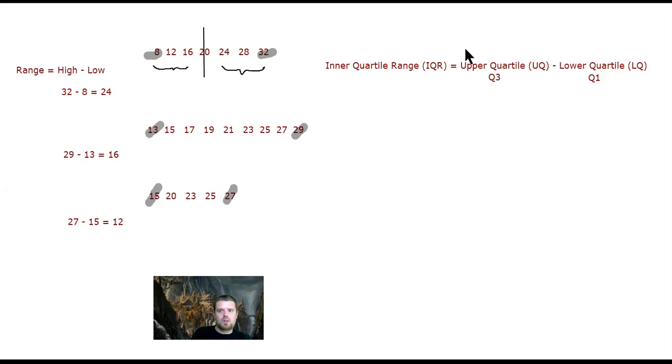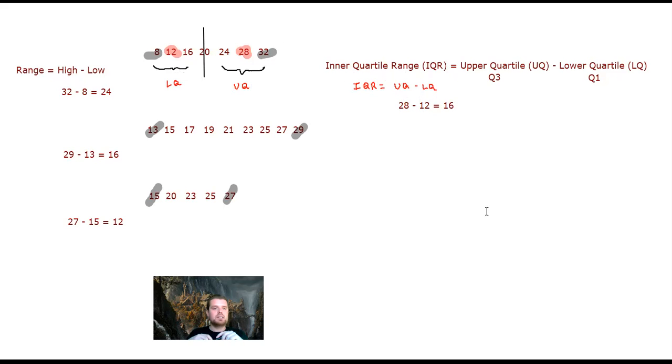When I do that, I end up with 28 and 12. 28 is the middle of the upper half, and so we call that quarter 3, or more commonly, the upper quartile. 12 is the middle of the bottom half, so that is quarter 1, or the lower quartile. So if I wanted to calculate IQR, once I identify those two values, I'm doing upper quartile minus lower quartile. So here, this would be 28 minus 12, which is 16.